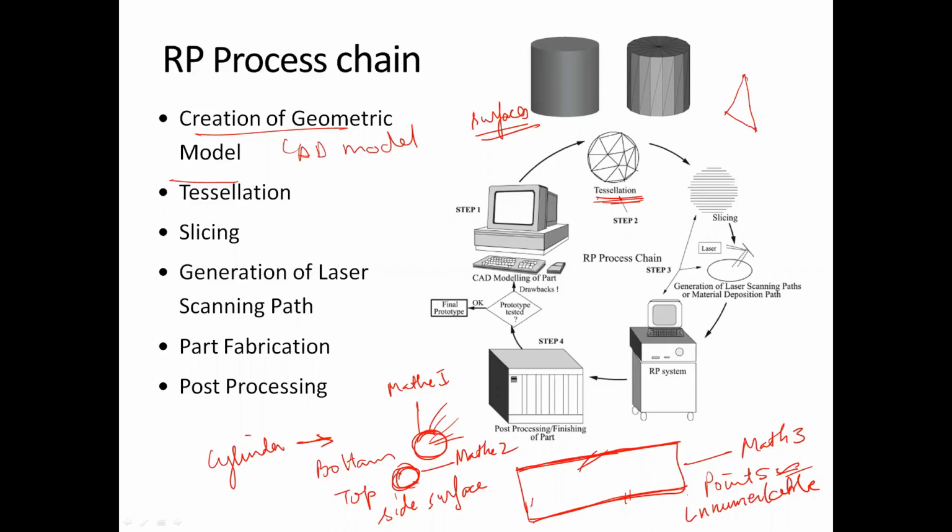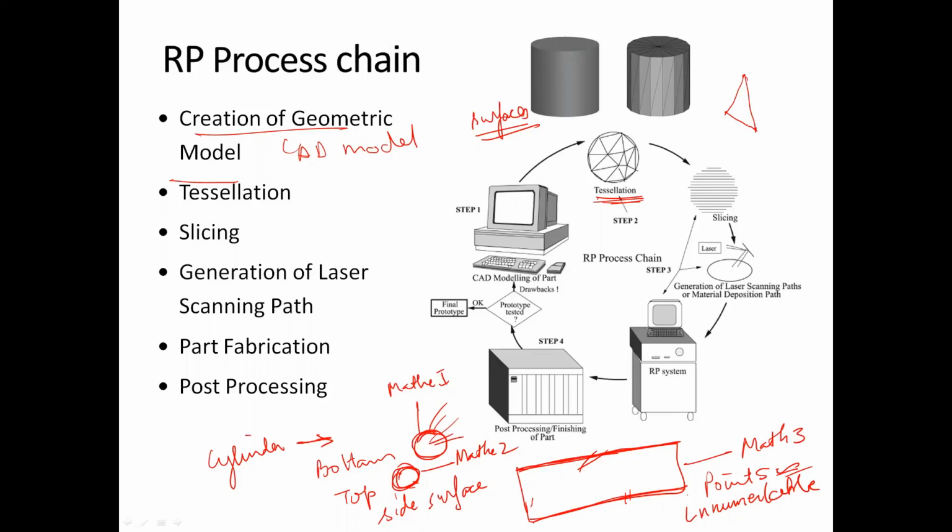So when we say that tessellation is happening, or in your FEM course when you were doing meshing, the surface is going to be approximated by the geometrical entity which can create a surface. The smallest geometrical entity that can create a surface is a triangle.